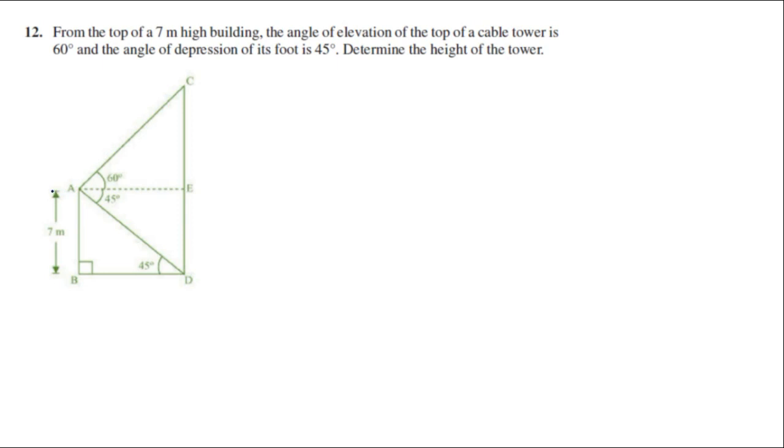Observe here, AB is the building. CD is the tower. The top of the tower is observed with an angle of elevation 60 degrees and the bottom is observed with an angle of depression 45 degrees.